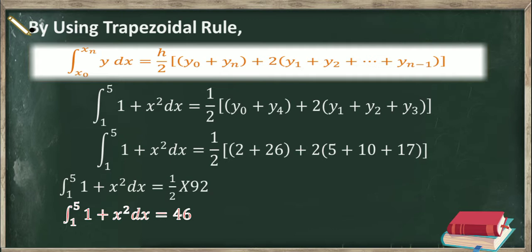Substituting all these values, we get 1 upon 2 into 2 plus 26 plus 2 into 5 plus 10 plus 17. After solving, 1 upon 2 into 92, we get the answer 46. So integration 1 to 5 of 1 plus x square dx is equal to 46.